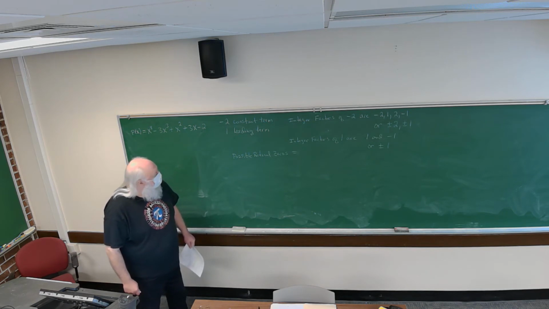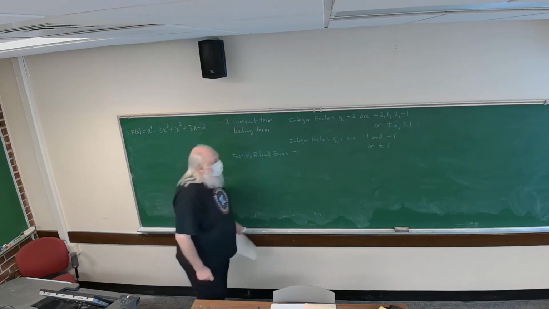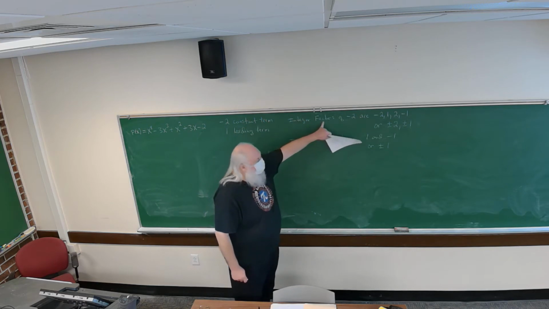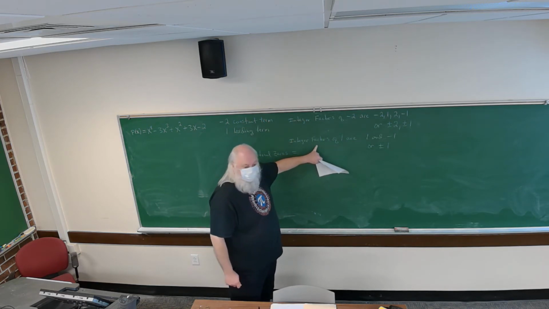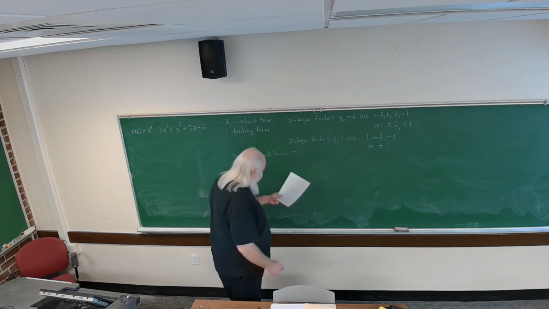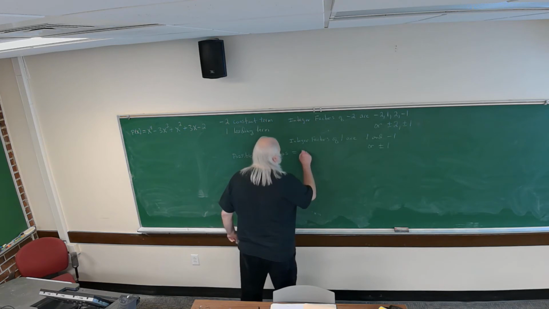To find that list, you take the integer factors of the constant term and divide them by the integer factors of the leading term.